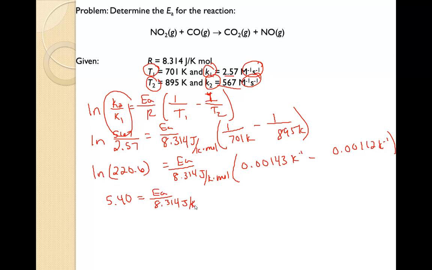Subtract those numbers out, it comes to be 0.00031 kelvins to the minus 1. Notice that the kelvins cancel out when we divide that out.